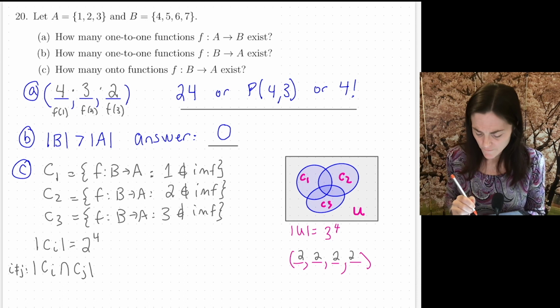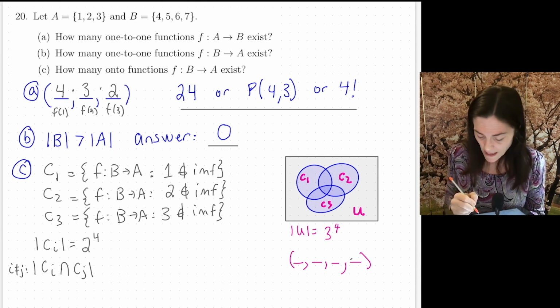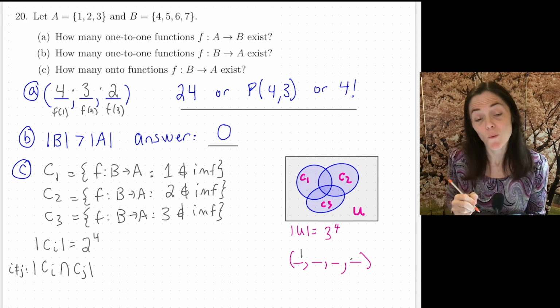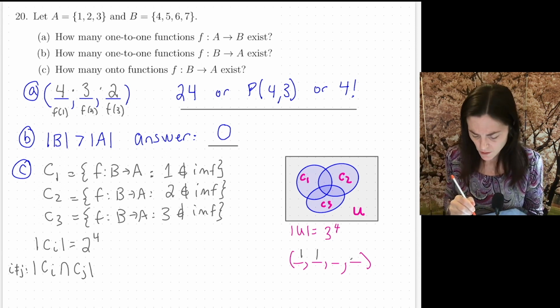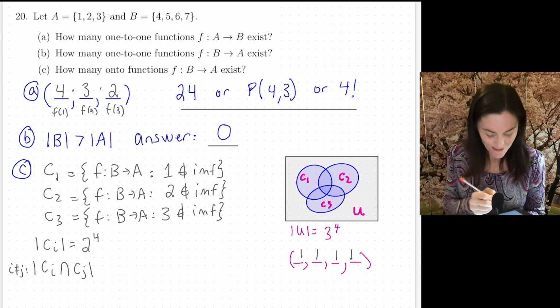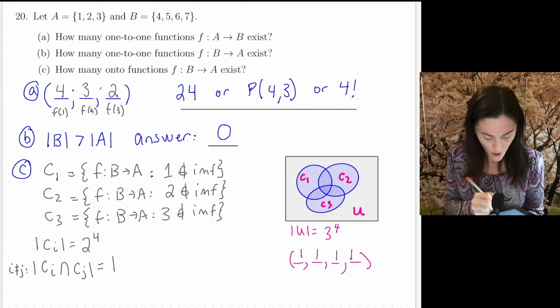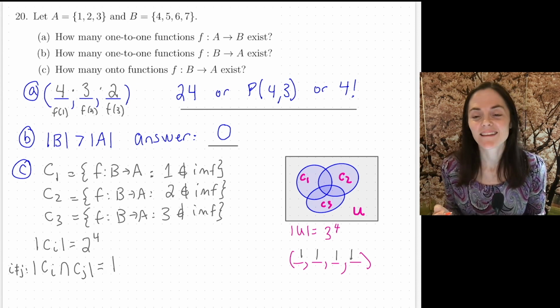If you go back to thinking about a list of length 4, there's only 1 element. If it was C1 intersect C2, the only element the function can map to is element 3. So this is 1.